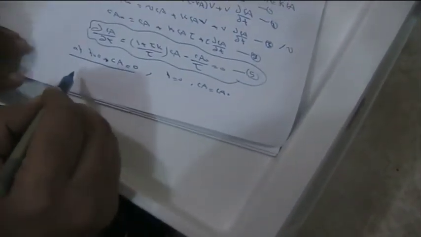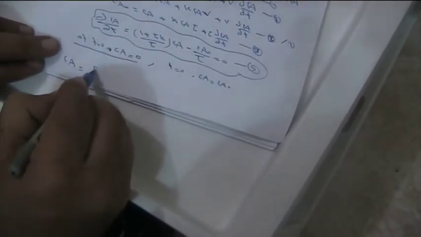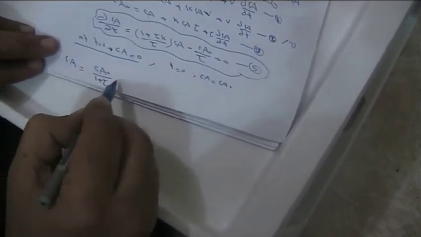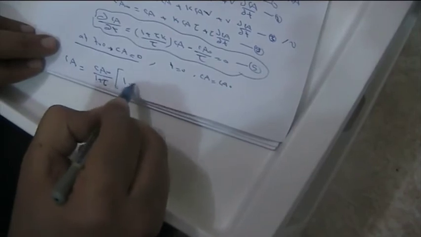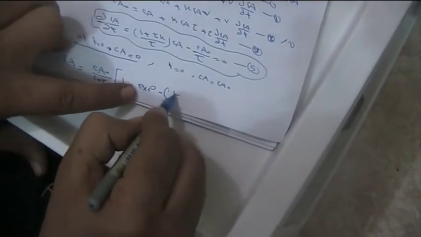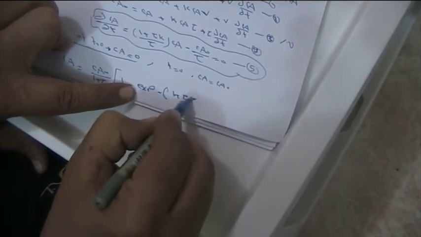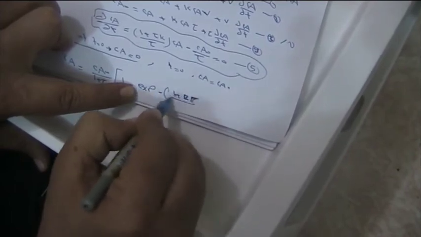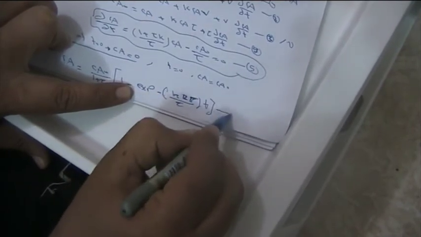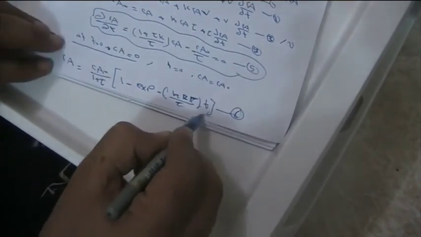And this is the only boundary condition we will use to solve this equation. So the solution of this equation will give CA equals CA naught over 1 plus k tau, times 1 minus exponential minus 1 plus k tau over tau multiplied by time, and this is equation 6.